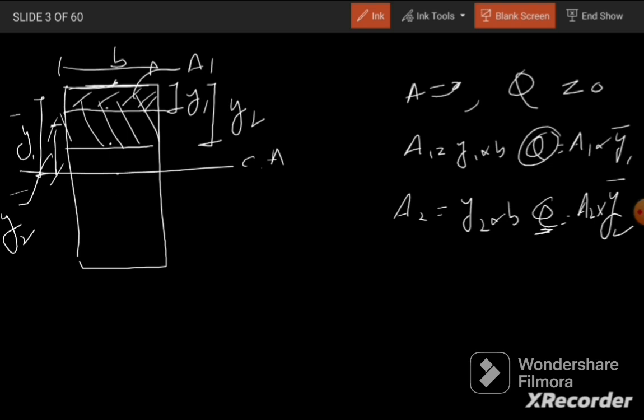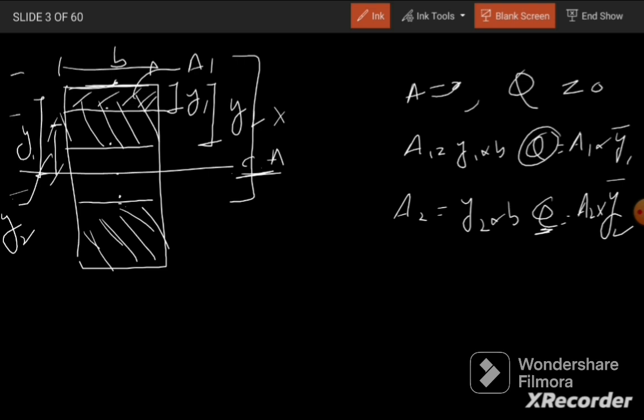And if I take the point over here, now we need to consider this much area, not the area above it. We will consider the area from that point away from the centroidal axis.